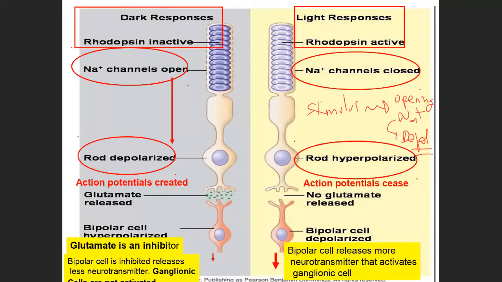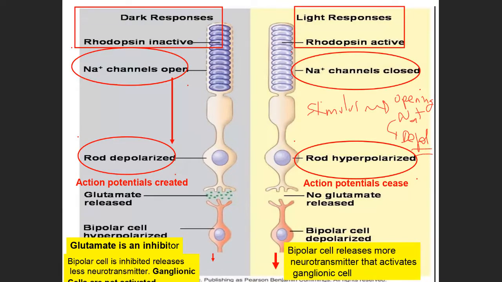That's how we explained it last semester. We also said that would be an excitatory postsynaptic potential. And there are instances in which neurons, instead of being excited with the stimulus, are actually inhibited by the stimulus.